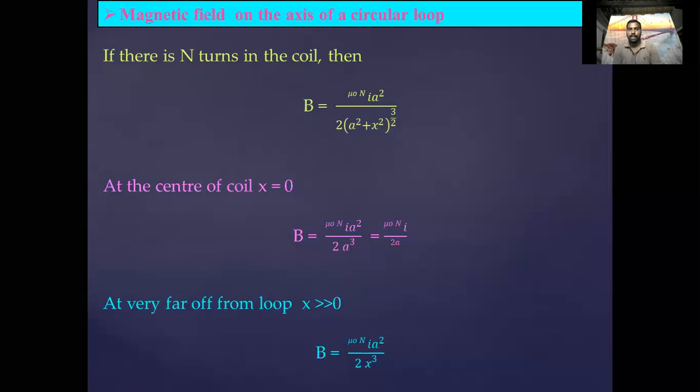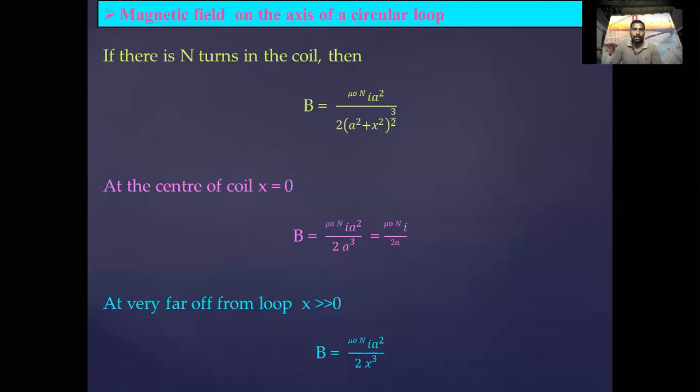That a is negligible, so the equation becomes B is equal to mu naught n I a square by 2 x cube. The first is the magnetic field at the center. The second one is the magnetic field far away from the loop.